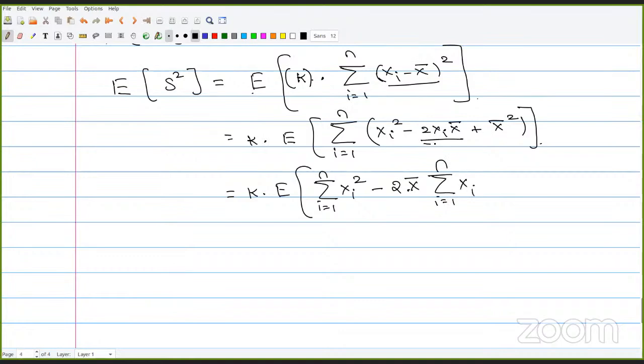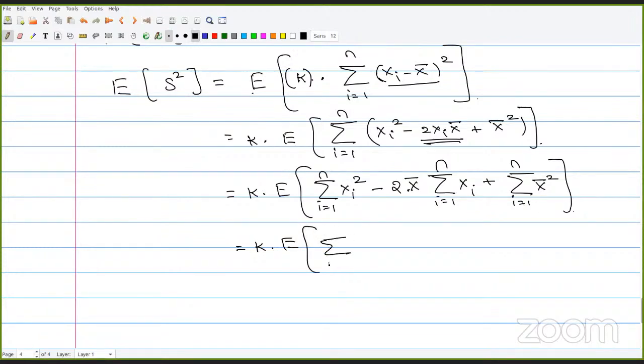So this term I have just written like this. Correct? Yes, sir. Plus summation i equals 1 to n of x bar square. Now the summation will not come there, sir, because x bar is independent of i, no, sir? x bar square I need to add n times, right? So it will be n x bar square.